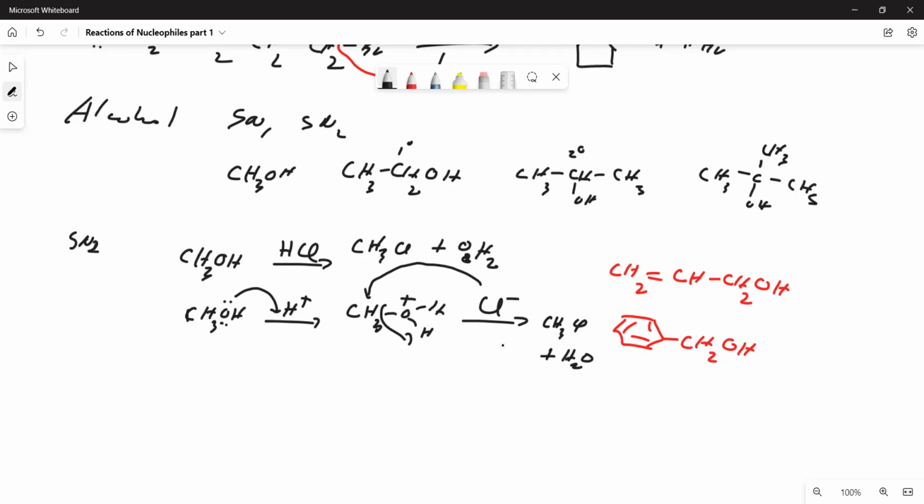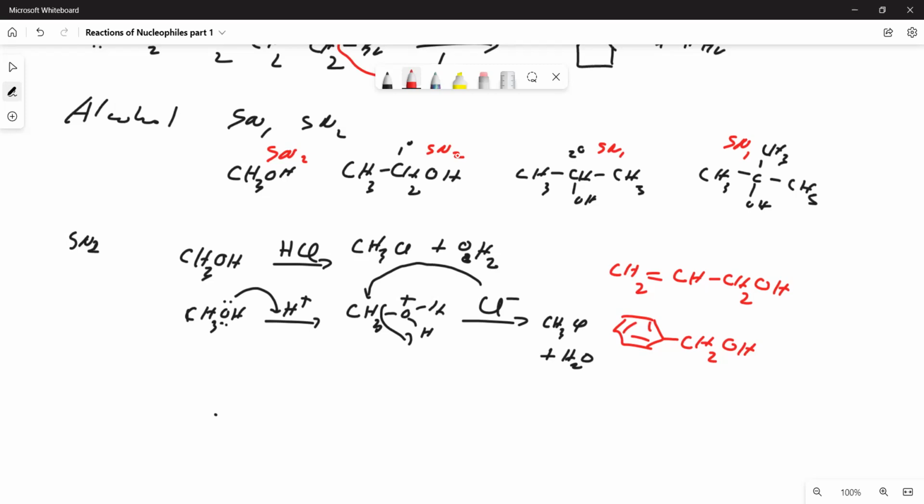Okay, so there is a greater tendency for the secondary alcohol to undergo SN1. So this will be SN1. Definitely this will be SN1. Only the methanol is SN2 and the primary, because the carbonium ions are not very stable. But secondary definitely will undergo SN1 rather than SN2 reaction.